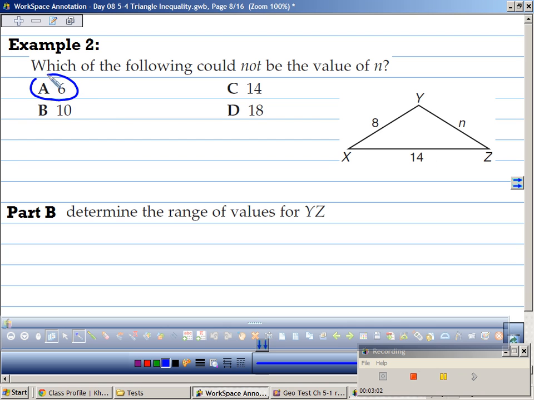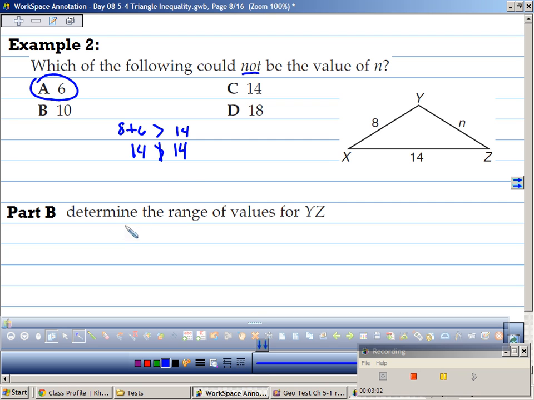Okay, good. It's 6, not to be the value. All the rest of these will work. Because if I add 8 plus 6, that has to be greater than 14. 14 is not greater than 14. They're the same. Question? A little bit tricky.